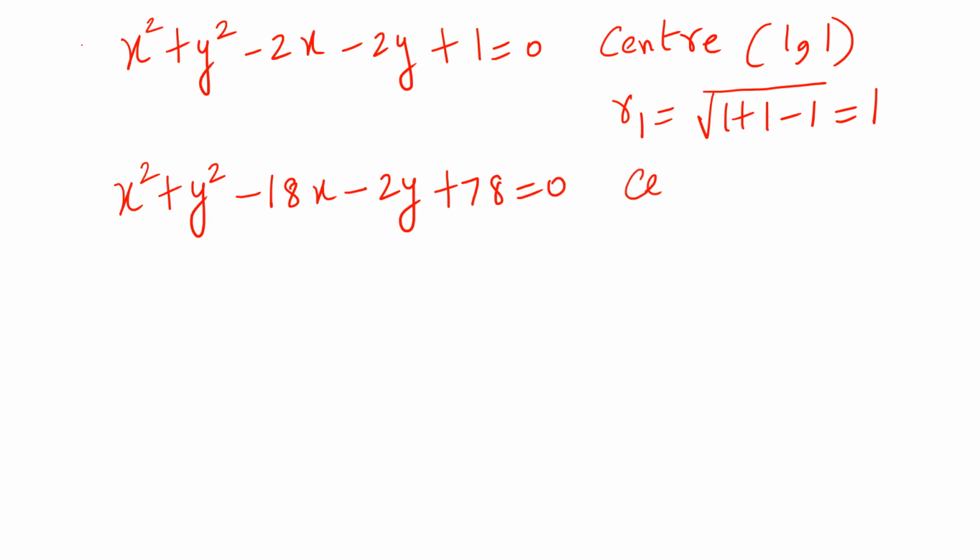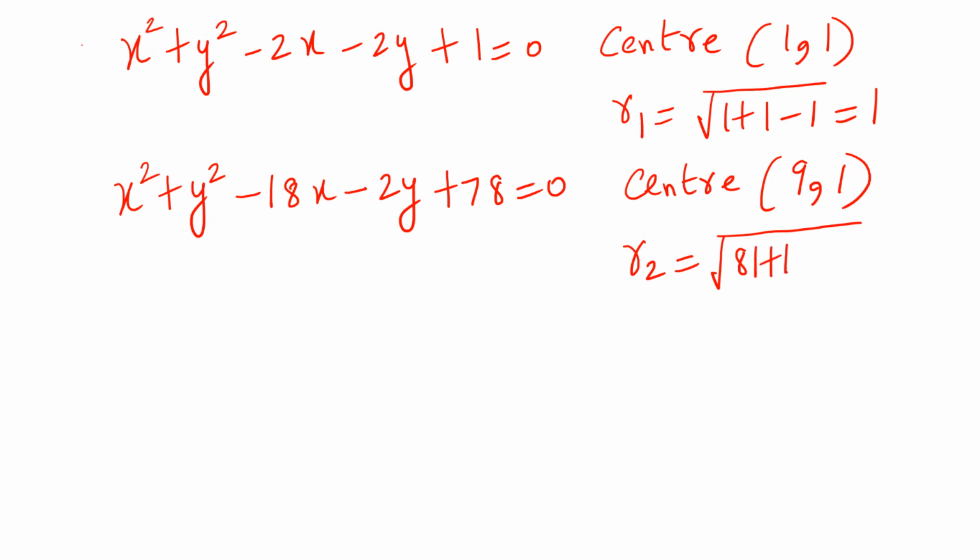Now the center of the second circle comes as (9, 1) and its radius is square root of 81 + 1 - 78, which is nothing but square root of 4, or equal to 2. Now the equation of the given straight line is 3x + 4y - lambda = 0.